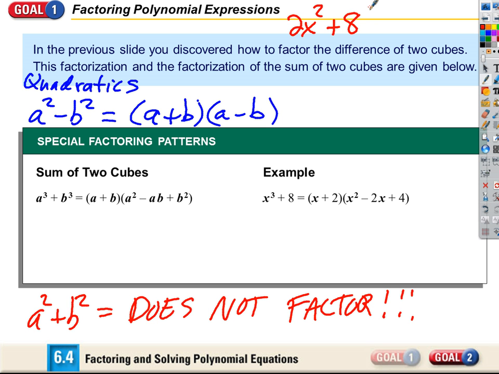You can't factor that. I could factor a 2 out of that one, I guess. Let me pick a better constant. What if we pick 7? You can't factor that because it's a sum of squares. We could think of that as being something squared, right? And that is something squared. But for a sum of squares, there's no pattern. It will never factor.